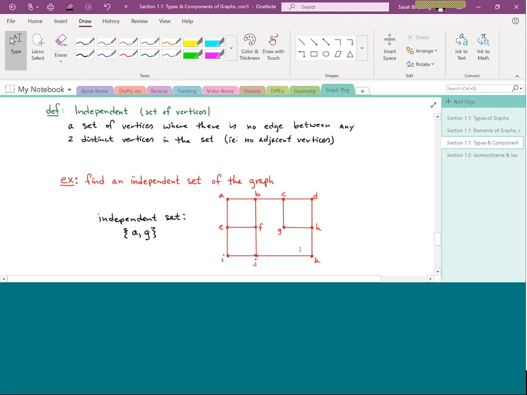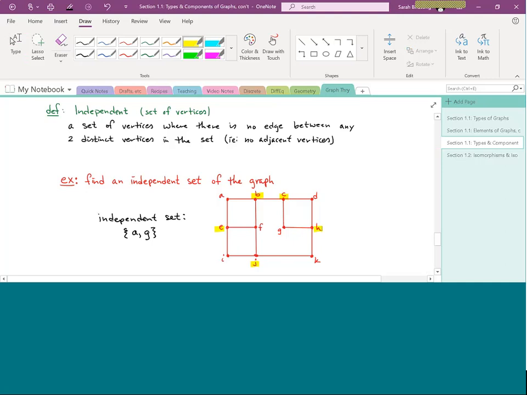Now, we had an edge cover last time, and let me go ahead and highlight the edge cover we had. We had what? Make sure I grab the right one, E, A, C. All right, edge cover from before.